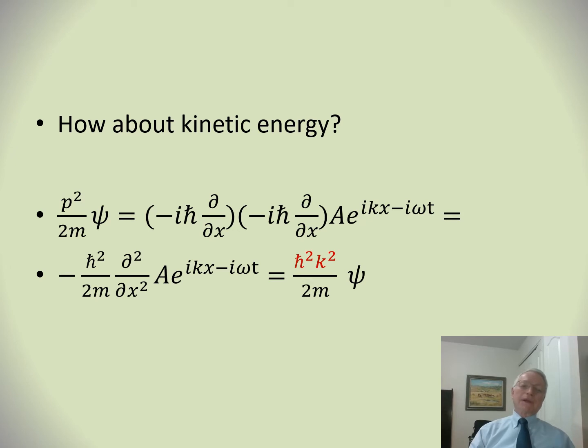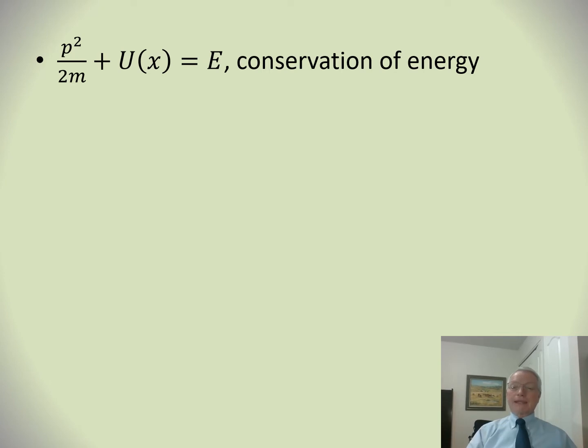Since it's p squared, that would be taking p twice, which means take 2 derivatives instead of 1 derivative. And if you work all that out for a moving particle, you get h bar squared k squared over 2m psi. Exactly like it ought to be. It's the quantum mechanical p squared over 2m. So kinetic energy is the second derivative. Momentum is the first derivative. Total energy is a time derivative.